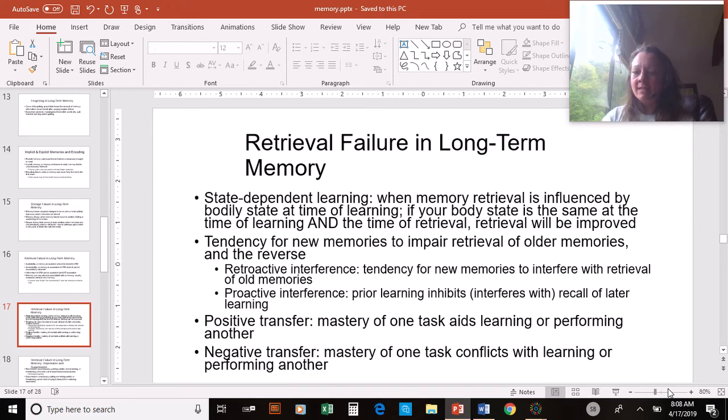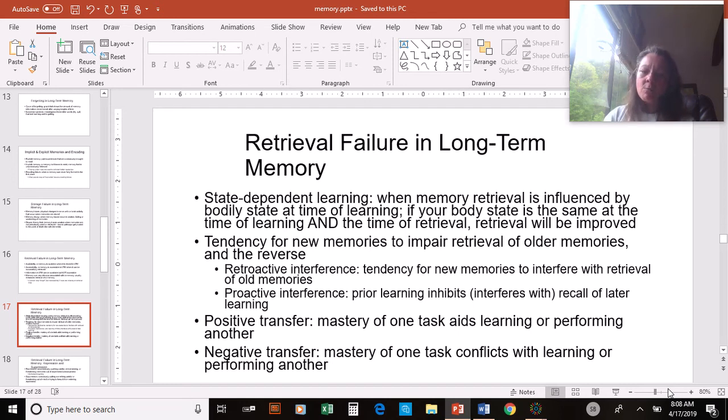And then, like I said, the older you get, the more experiences you have, the more information you learn, all of that gets stored and stacked upon each other in your brain. And so sometimes it is hard to get to the bottom of the stack.